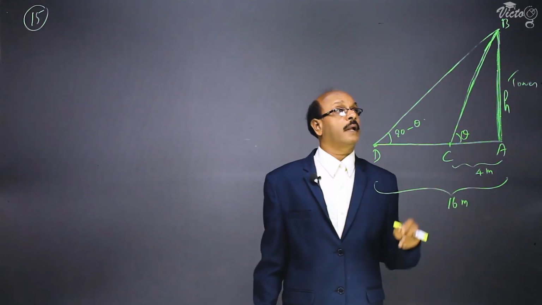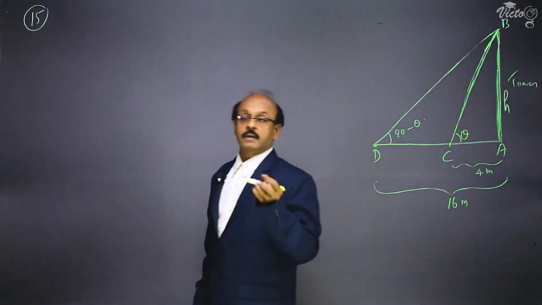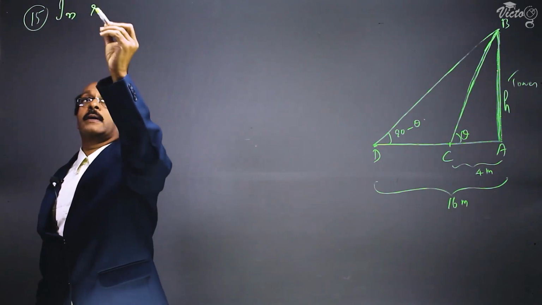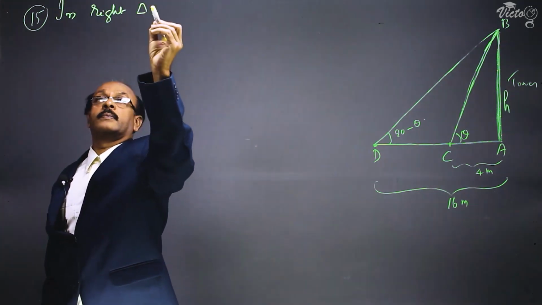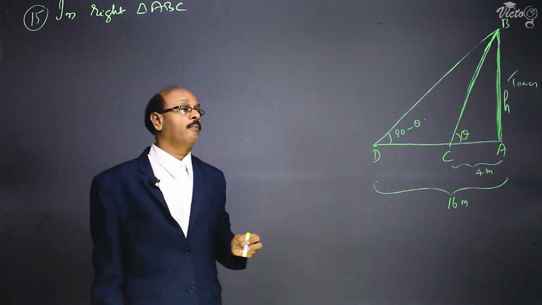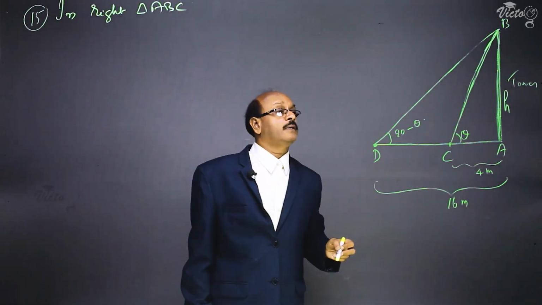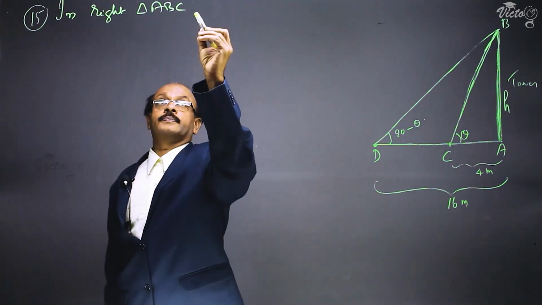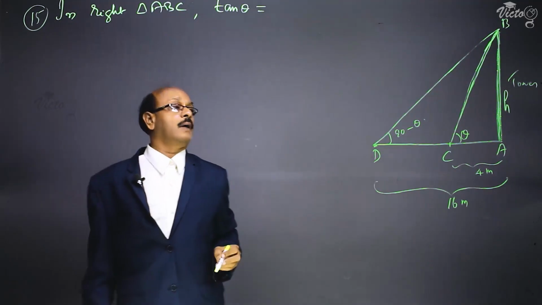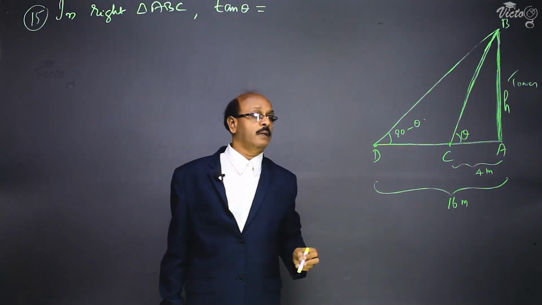Now consider right triangle ABC. In right triangle ABC, tan theta is equal to opposite side by adjacent side, which is equal to AB by AC.